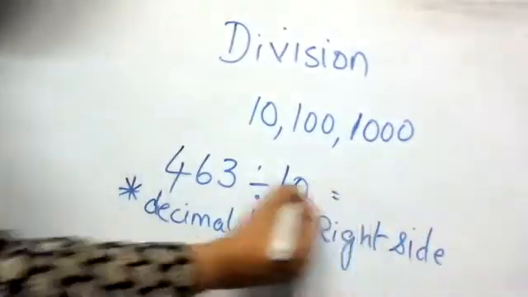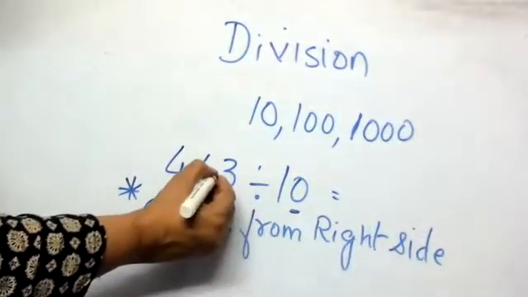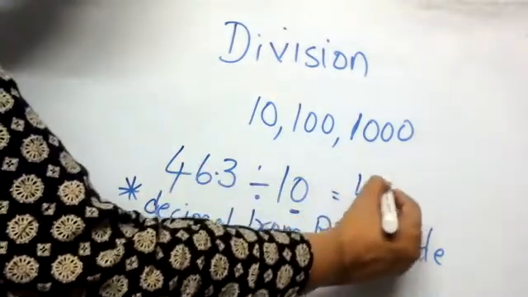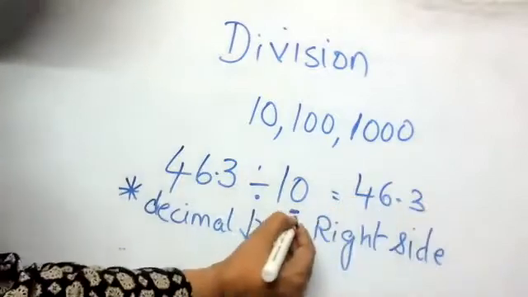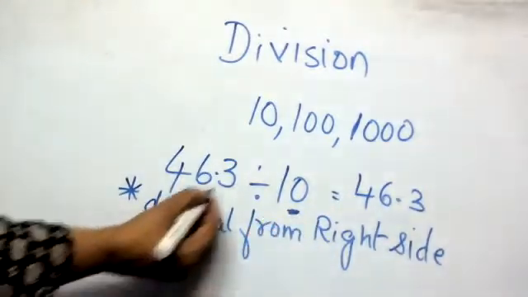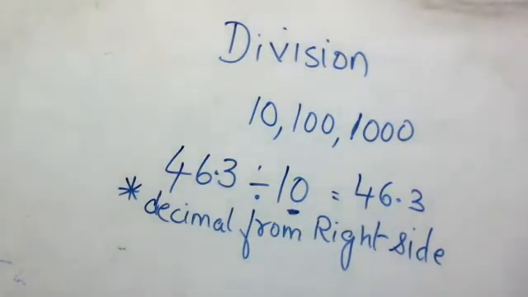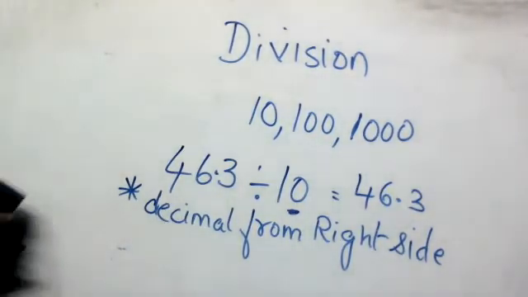That means one place before the 10th. So the answer is 46.3, because only 1 zero, 1/10. So here the decimal place will come before the 10th place. This is the short method, children.